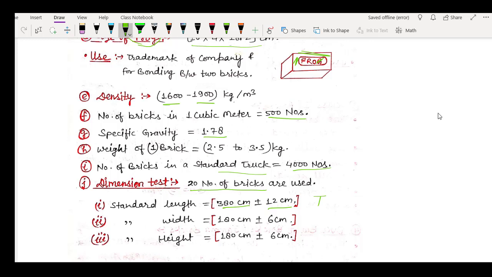It means that this much part can vary as per the site conditions or as per the quality. After that, standard width when taken for 20 bricks should be 180 centimeter plus minus 6 centimeter, and like this, height should be 180 centimeter plus minus 6 centimeter. So these plus minus values show that it can vary as per the site condition.